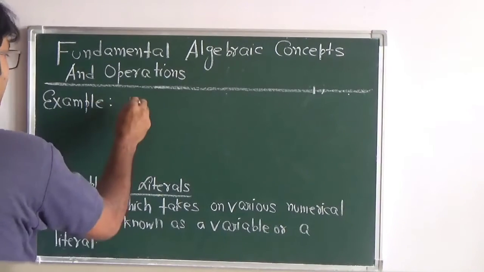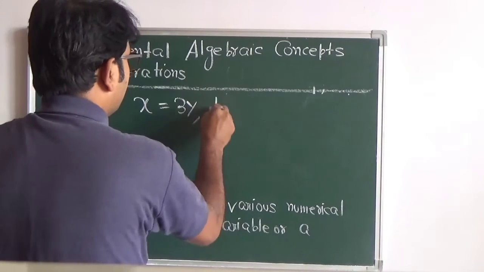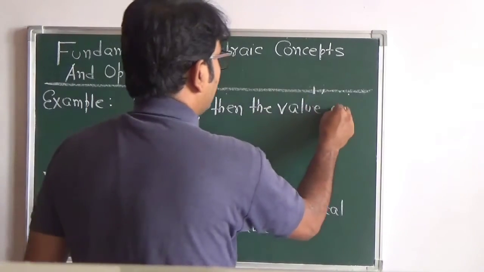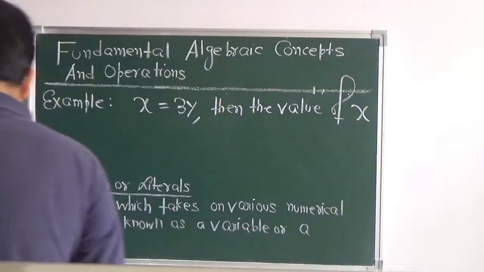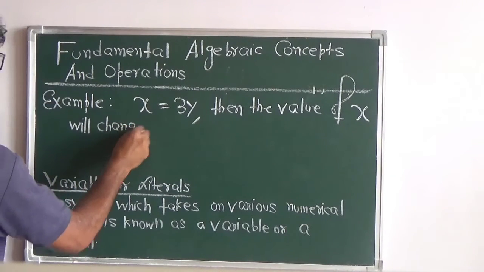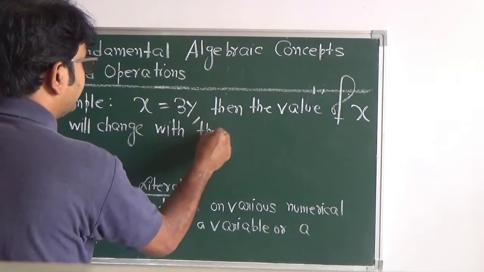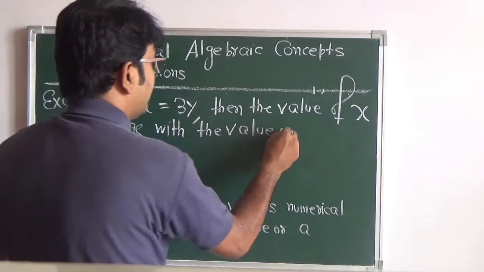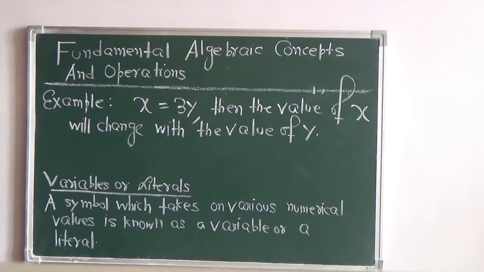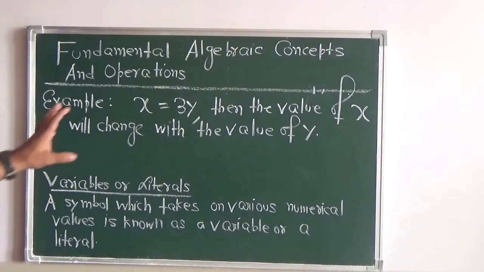if we write x is equals to 3y, then the value of x will change with the value of y, which means if we give or assign any value to the quantity y, we will be having different values of x.